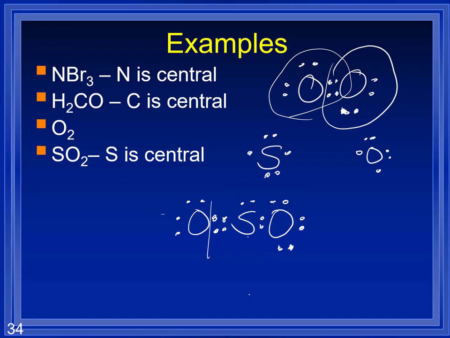Let's go back and see how I made that double bond happen. So this is where I was at. The sulfur was full, but I had to make more bonds. So to make more bonds, I moved one of my electrons in.